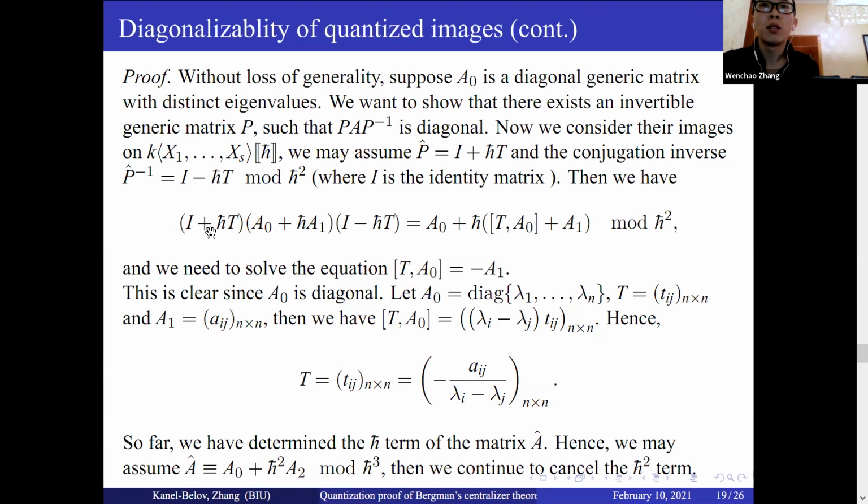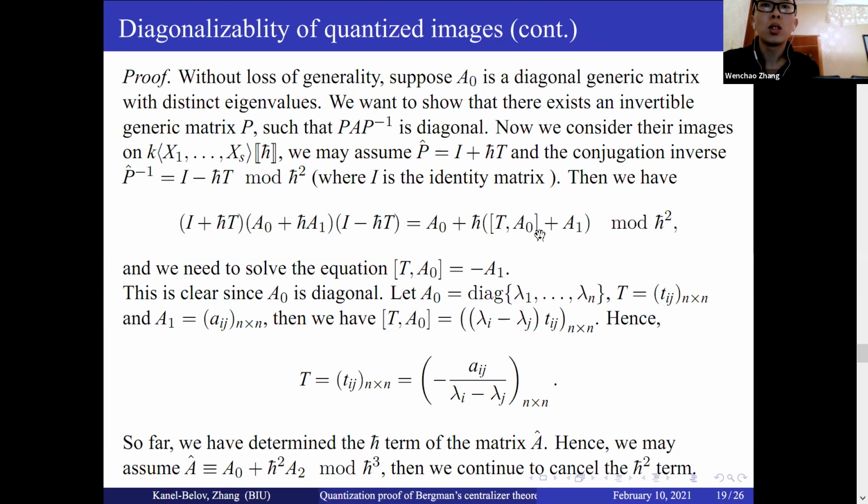So then we have this one, and the first part is A0, and the other part we have h bar times the commutator of T and A0 plus A1 modulo h bar squared.